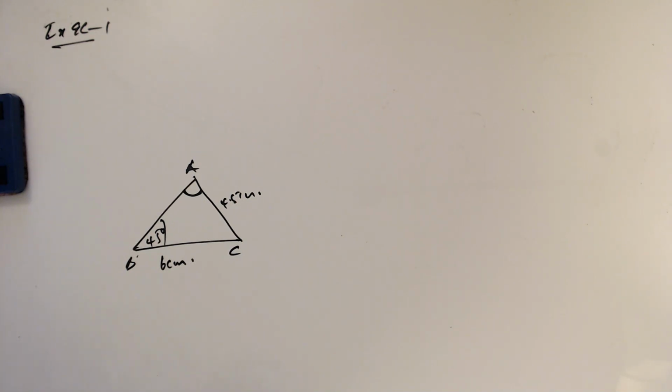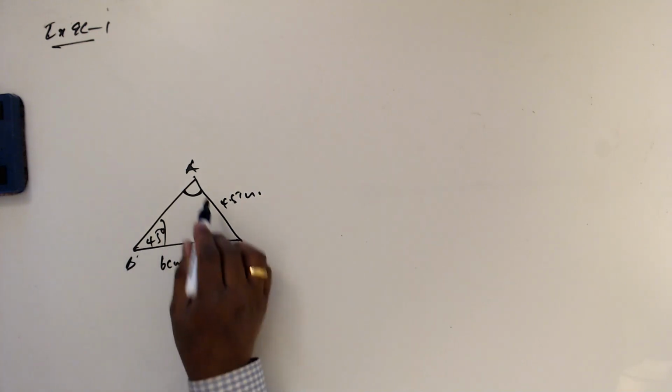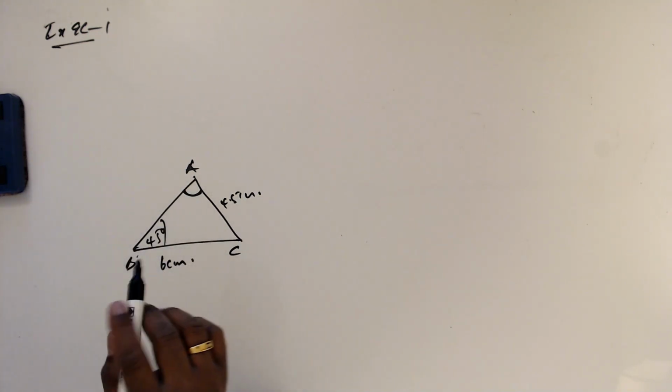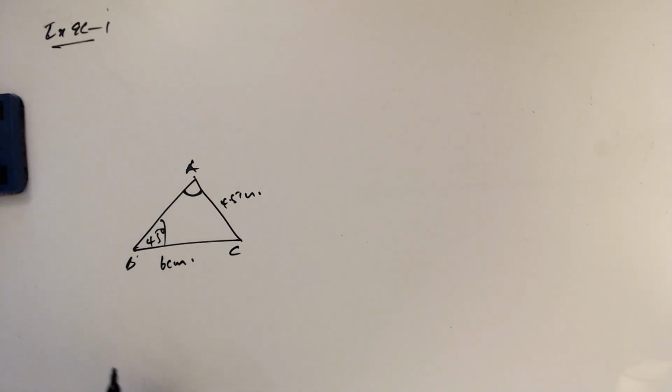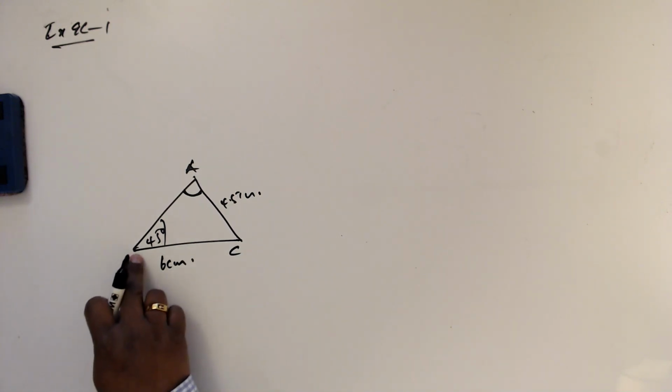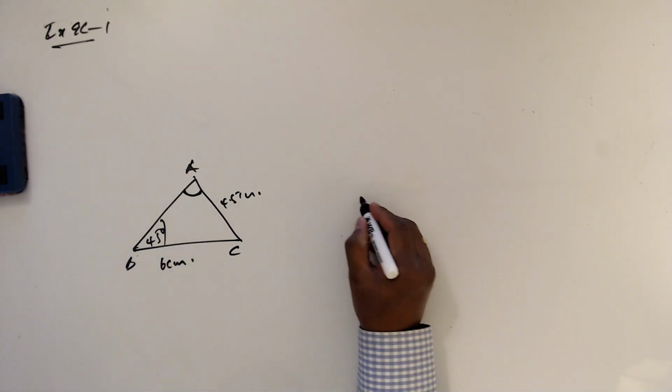So what is going on in this sum? First of all, assume B. How you are going to draw this triangle in a scale? First of all, we want to draw this line. Okay, I'll draw this line.